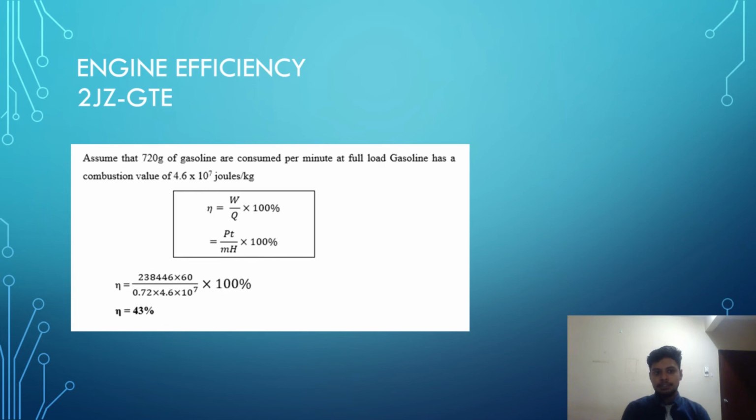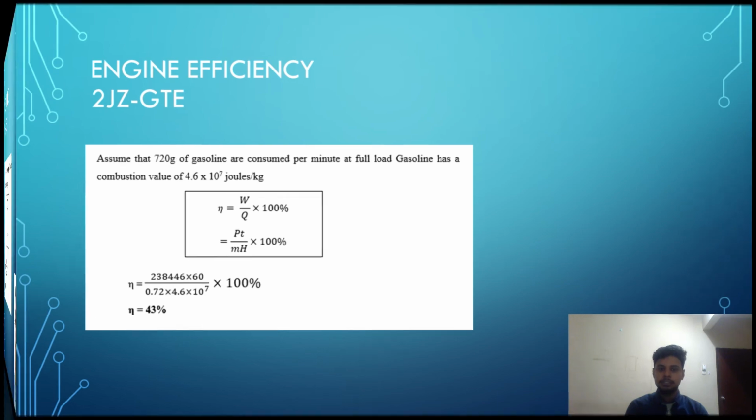So for the engine efficiency, the calculation is power times time over the mass multiplied by the combustion value of 4.6 times 10 to the power of 7, multiplied by 100 percent. So the final value for the engine efficiency is 43%.